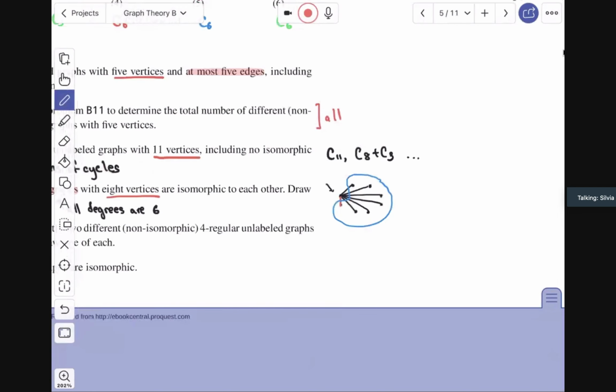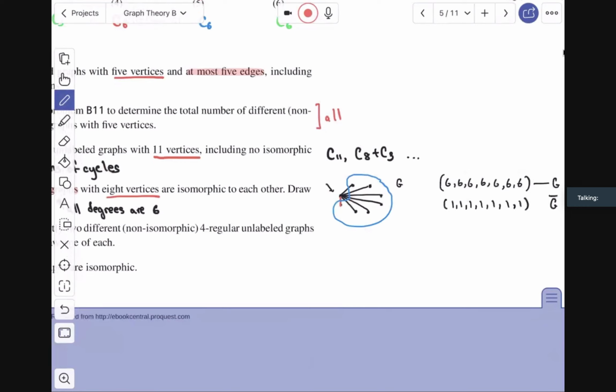If my graph is G, it has degree sequence 1, 2, 3, 4, 5, 6, 7. So this is the degree sequence for G, and the degree sequence for G complement is going to be 1, 1, 1, 1, 1, 1, 1.